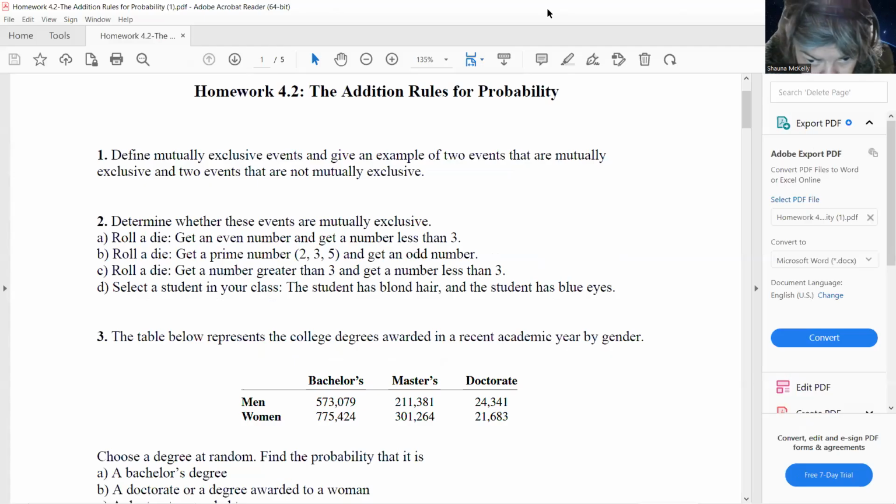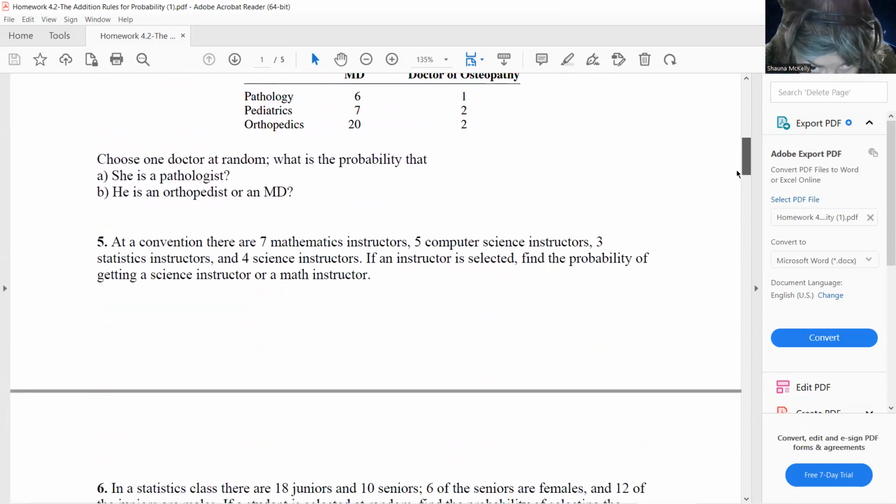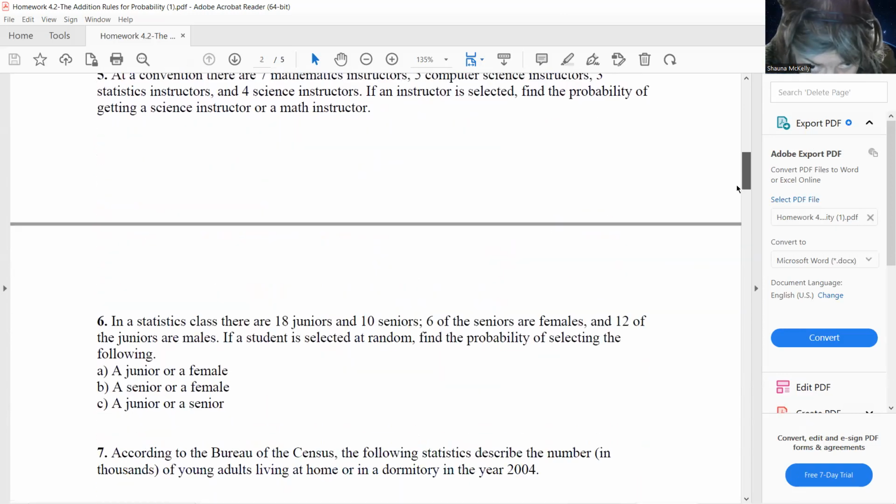All right, so here I'm going to use number 6 as an example, because this is hard, because you don't have your own chart. You have to make it. In number 6, it says, in a statistics class, there are 18 juniors and 10 seniors. 6 of the seniors are female and 12 of the juniors are male.